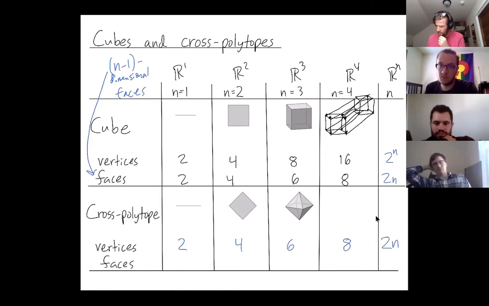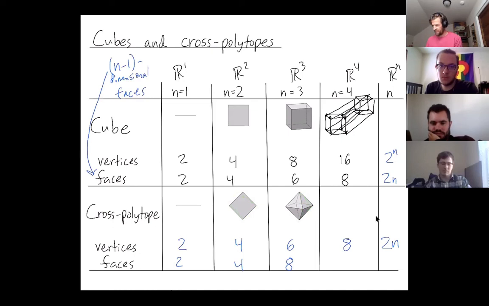Number of faces, here I have 2 faces. In the diamond, I have 4 faces, 1, 2, 3, 4. This is an octahedron. In the octahedron, I have 8 faces. So 4 triangles on top, and then 4 triangles on bottom.